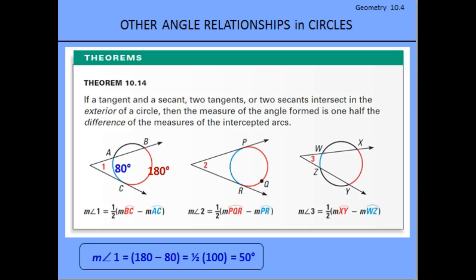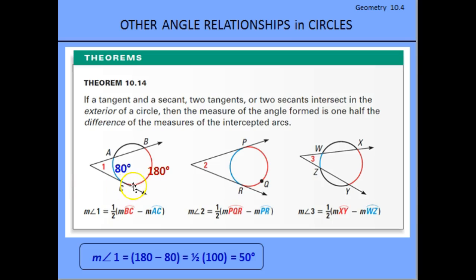If a tangent and a secant, two tangents, or two secants intersect in the exterior, so before we did the interior, we also have done on the circle, now interior, exterior, then the measure of the angle formed is 1/2 the difference of the measures of the intercepted arcs. So that just simply means we're going to subtract.